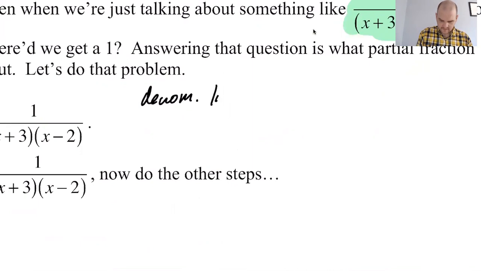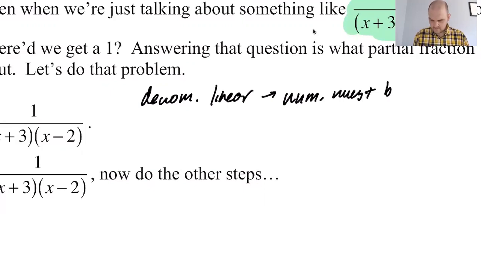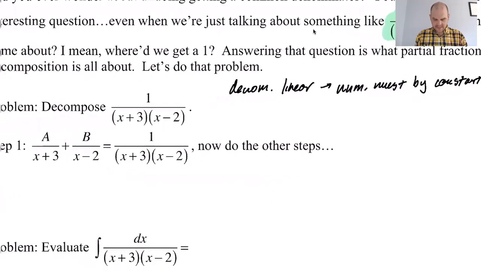Denominator is linear. So for it to be a proper fraction, the numerator must be constant. So if the denominator has a linear factor, the numerator at most could be a constant for it to be a proper fraction. So that's the basic premise.